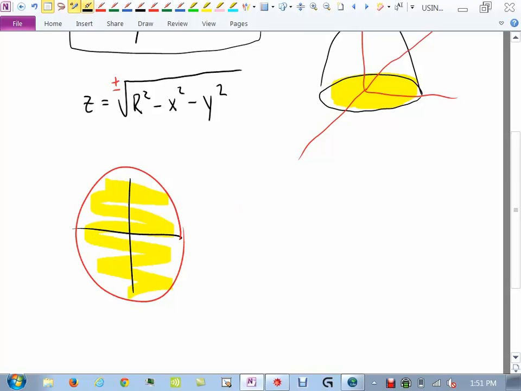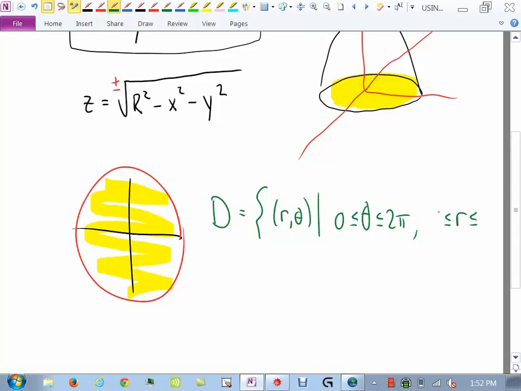Now I don't want to call our region capital R because we're using capital R for radius, so I'm going to call it just D, for a region. This D equals all the little r, thetas such that theta is between 0 and 2 pi, and our little r is between 0 and big R. Do you all agree? Okay.